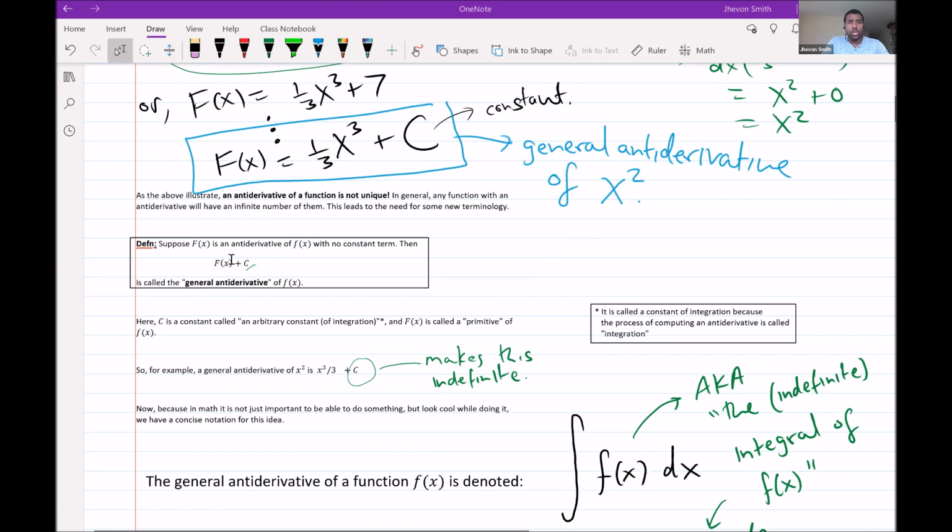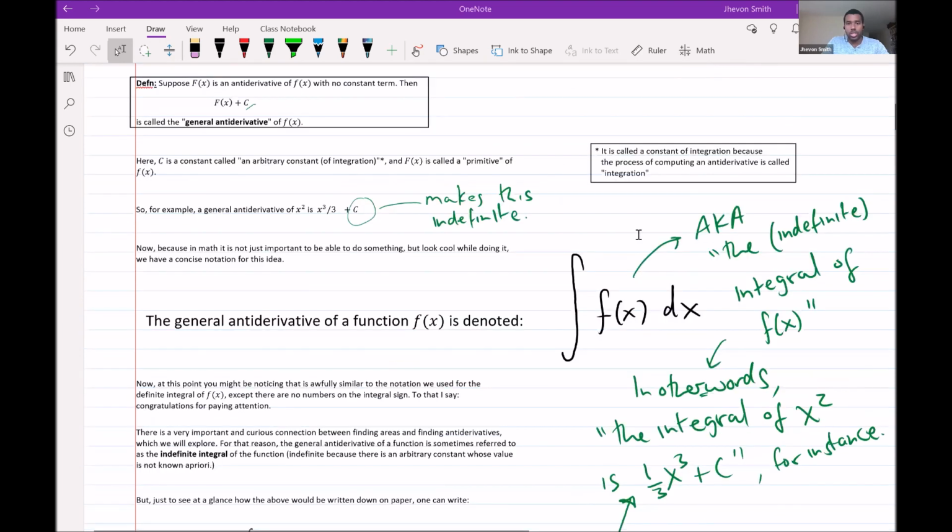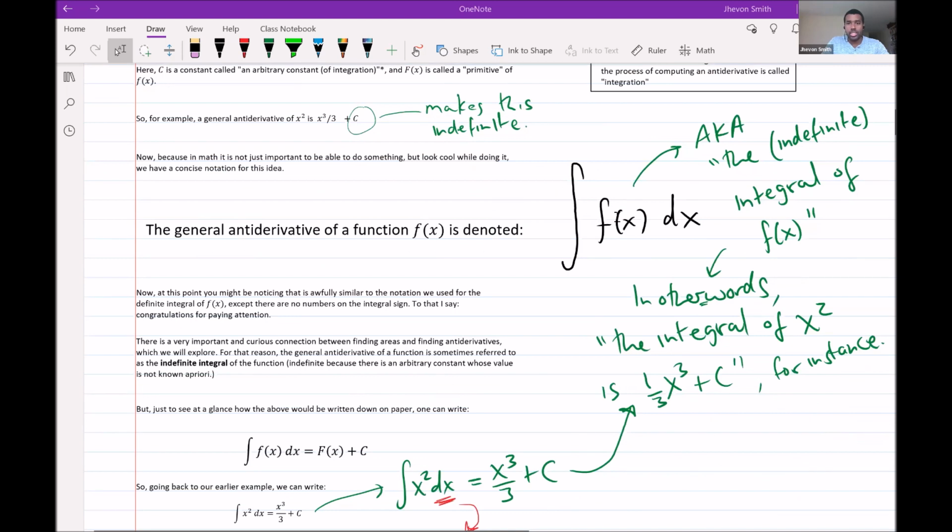Okay, so antiderivatives have this form. There's always a plus c, which we call an arbitrary constant. In fact, we call it an arbitrary constant of integration. Now, there is a notation that we have for finding antiderivatives, and it is this one. You will note that it is very similar to the notation that we had for finding areas, which would have numbers here.